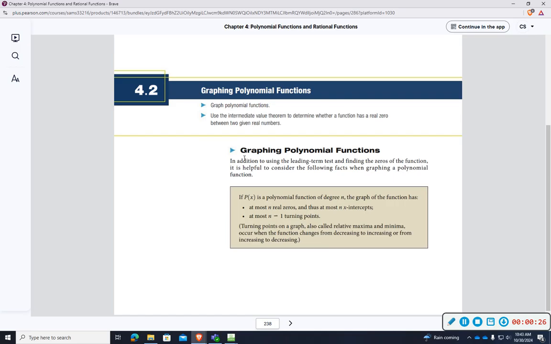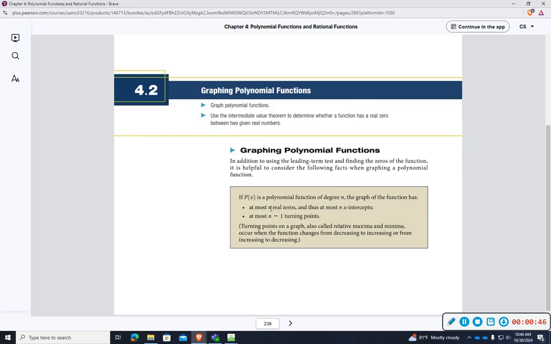So the first objective here, graphing polynomials, we are given that if you have some function, and they're using p of x to denote the function, sometimes you see f of x, but p of x is a polynomial function, has degree n. The graph of the function will have these properties.